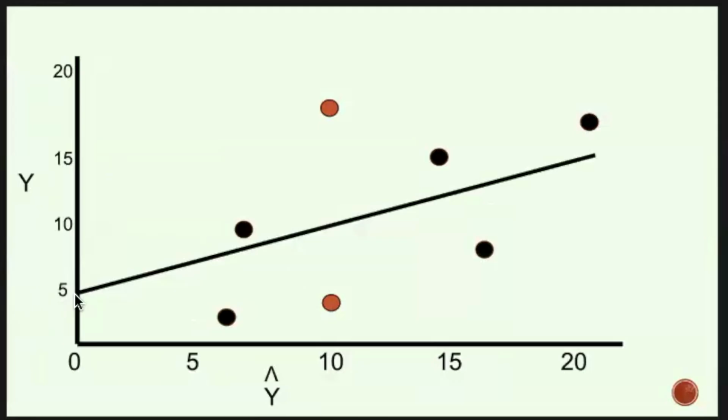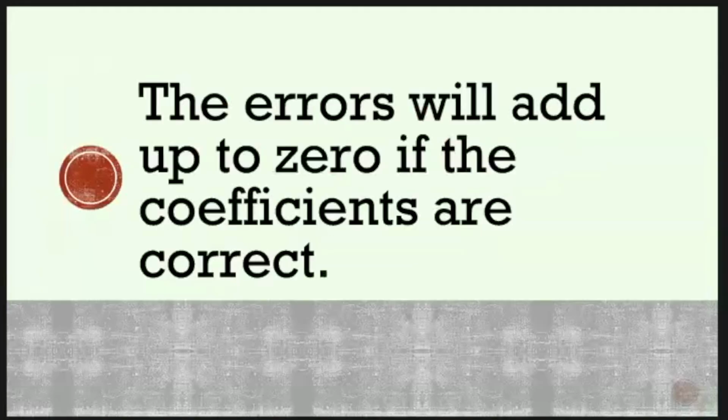So here is my not terribly well-drawn regression line. You see that the intercept is 5, right? That's my a. And here is the y value of 3, where 10 was predicted. Here's the y value of 17, where 10 was also predicted. So this is my predicted y, and here is my actual y. And as I said, the errors will add up to 0 if the coefficients are correct.